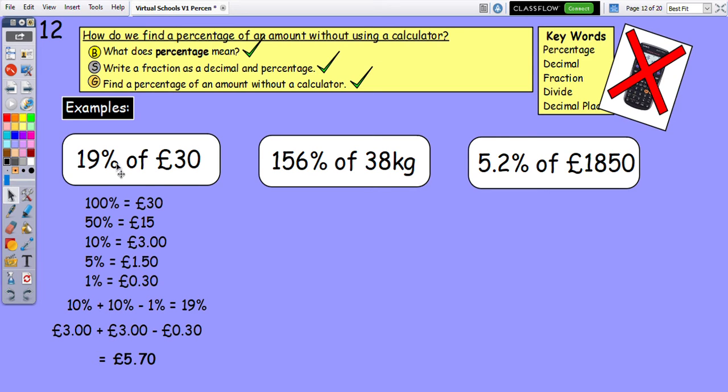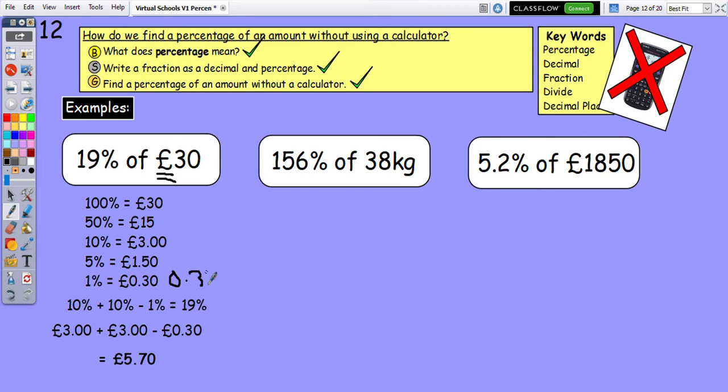If I look at what I've done with 19% of 30, I've found the percentages. So 100% is 30, 50% is half of 30, which is 15. 10%, if I divide by 10, I get £3. 5% is half of 10%, and this is the one that tricks some people. 1% is 0.3. Lots of you will write 0.3 there, but try and bear in mind that it's money.